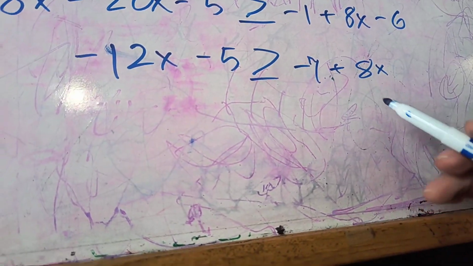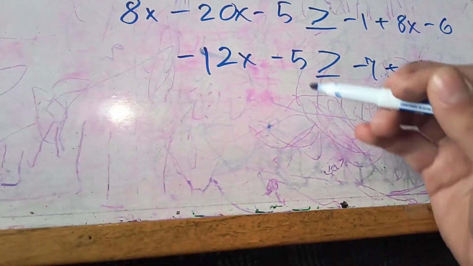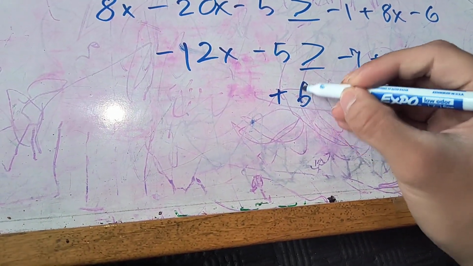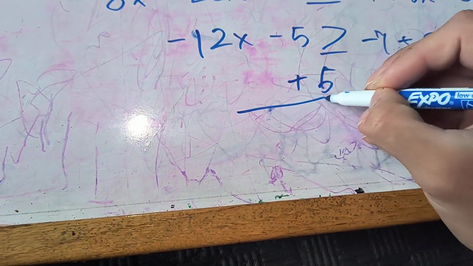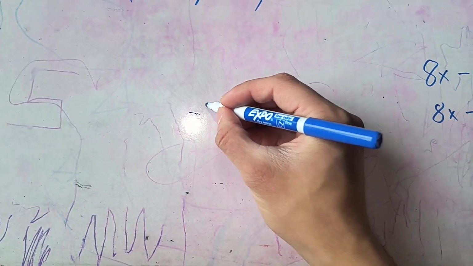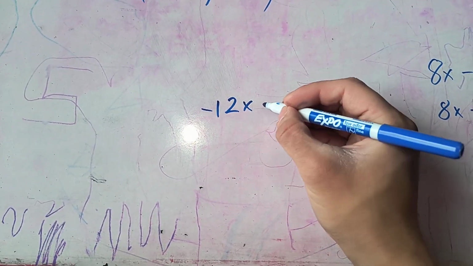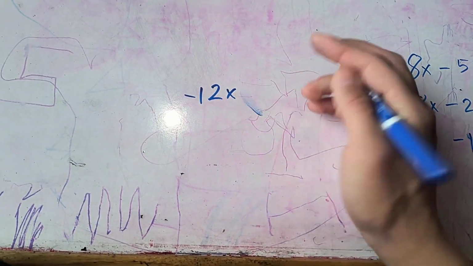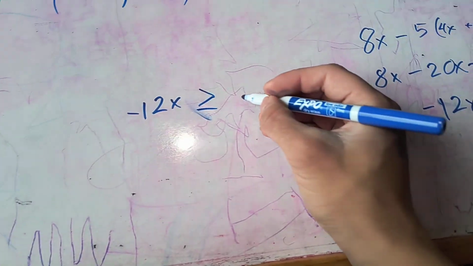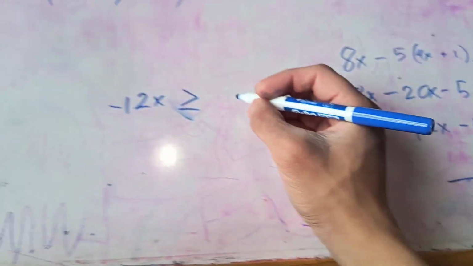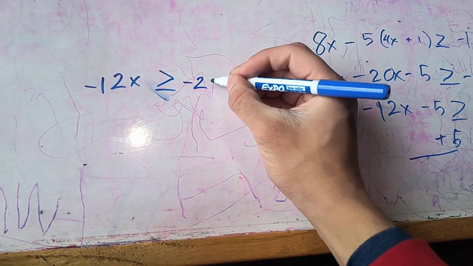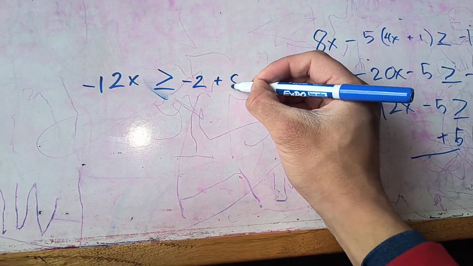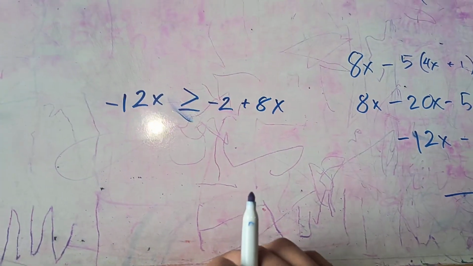And then now let's add 5 to both sides. And we have minus 12x is greater than or equal to negative 2 plus 8x.